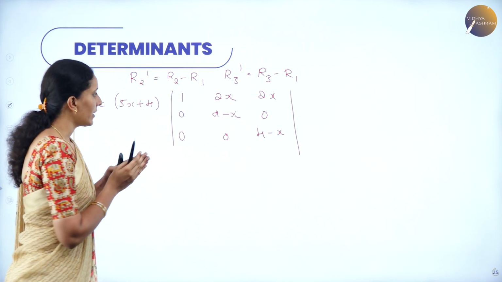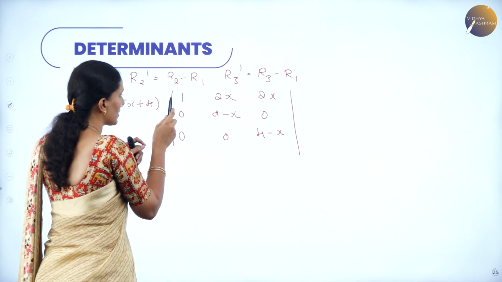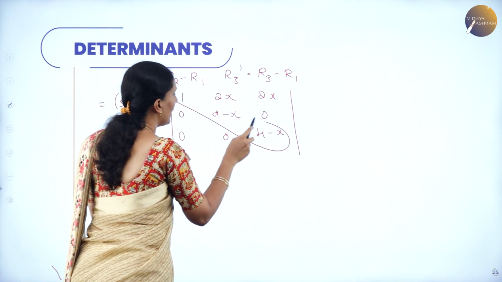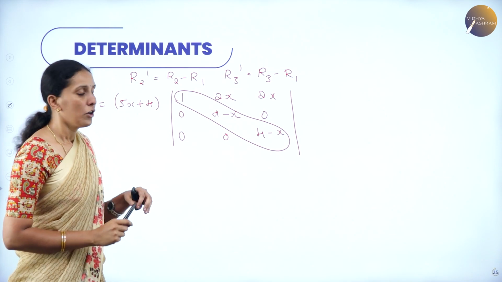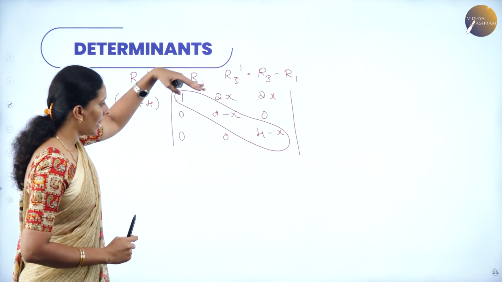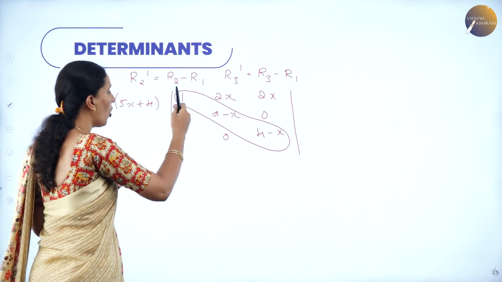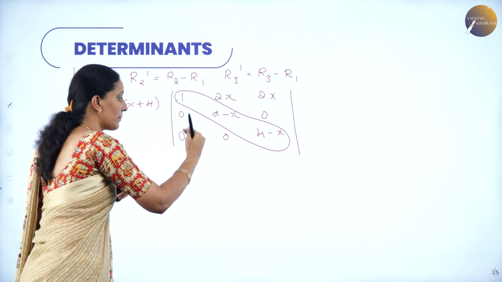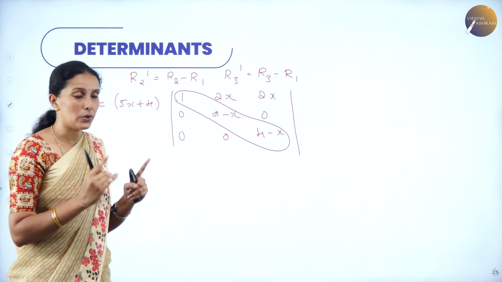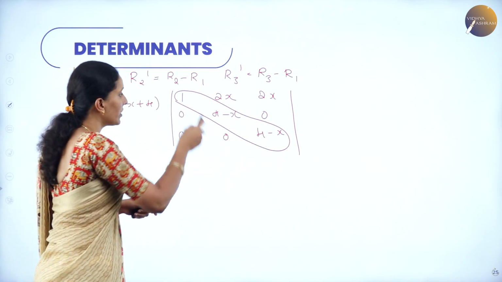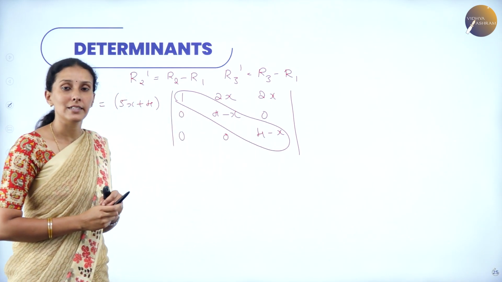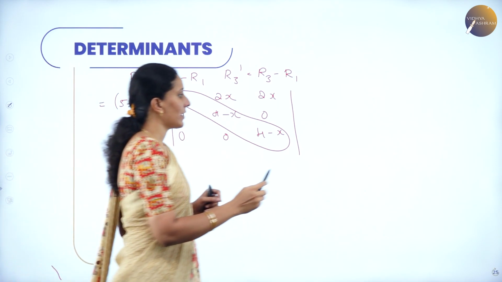So remember one thing, since this is a square matrix and this is the principal diagonal. Whenever all the elements under the principal diagonal are 0, then the determinant value is just the product of the principal diagonal elements. I'll give you an example.